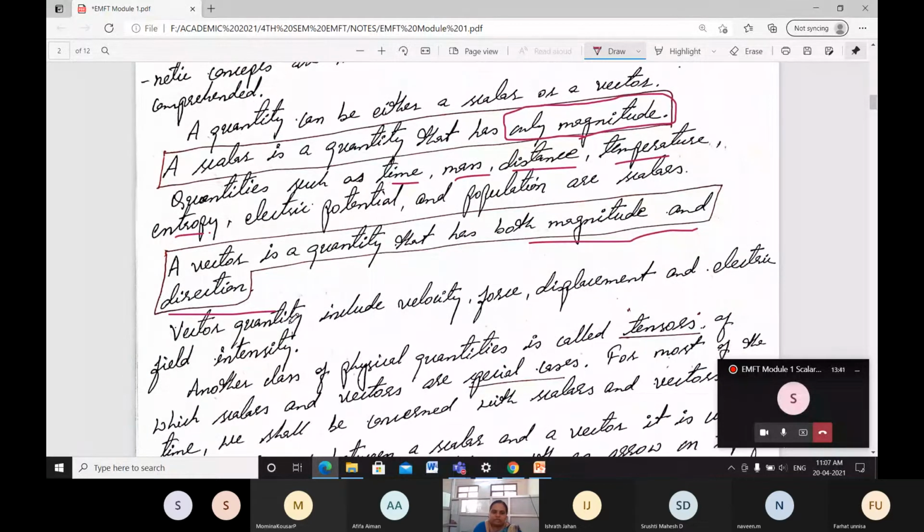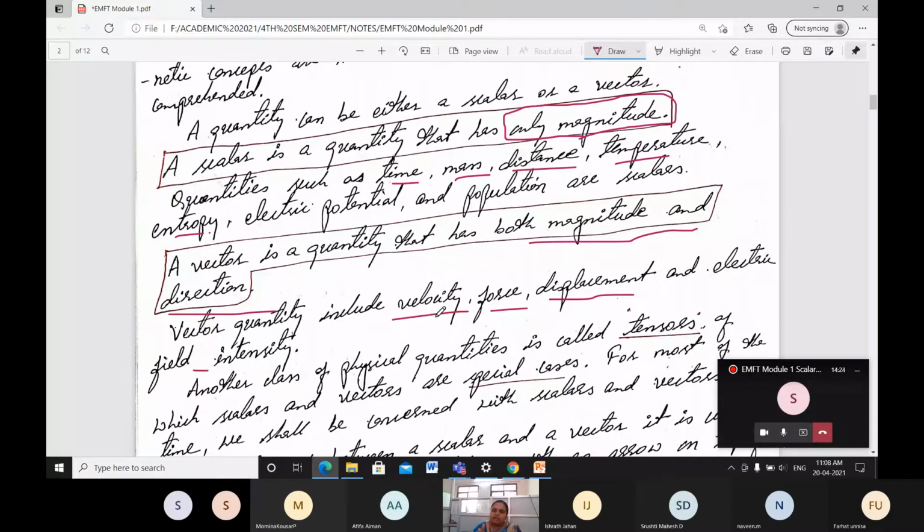Vector quantities include velocity, force, displacement and electric field intensity. Velocity means how much speed is covered in a time. Force means the pressure, the work done over time. Displacement is how much displacement with respect to time. If a quantity varies in magnitude and also in direction, it matters: for velocity, whether a ship or vehicle is going at high speed, in which direction is very important.